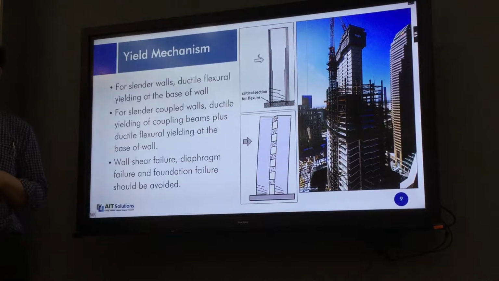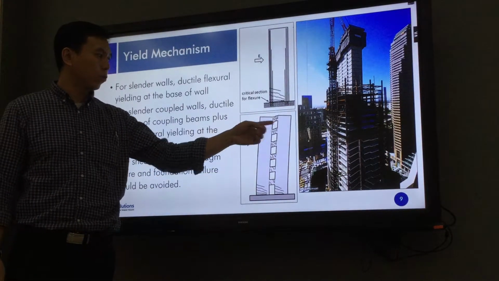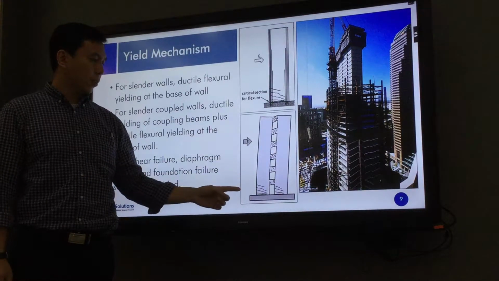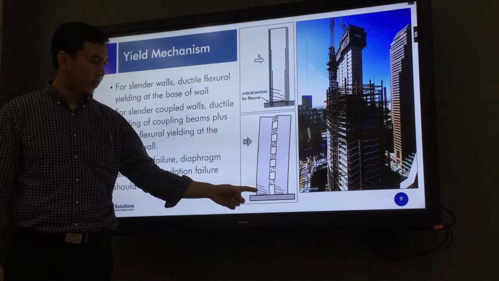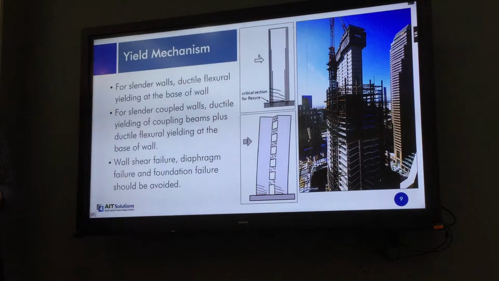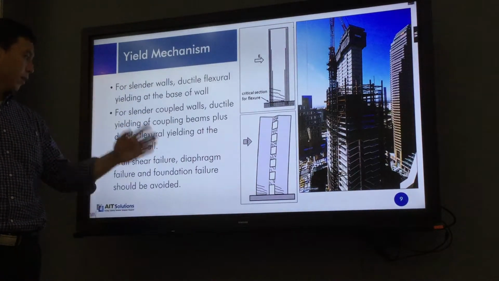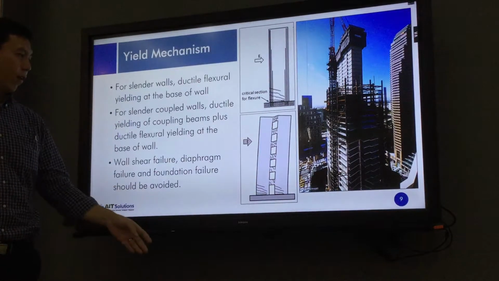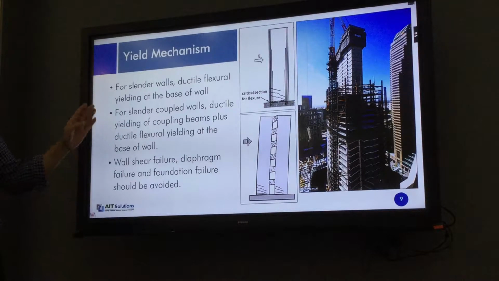If we have a wall with coupling beams connecting to walls, in that case we allow yielding in the coupling beams as well as at the base of the wall. But we prevent all shear failure modes of the shear wall, foundation and structural diaphragms. So shear failure modes we prevent, but we allow flexure yielding in the walls.